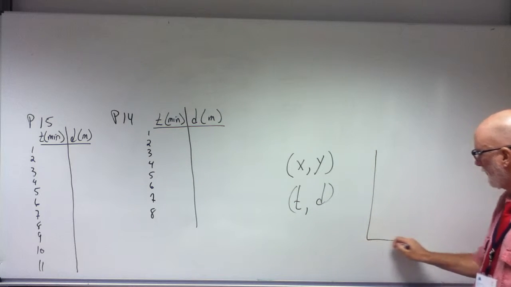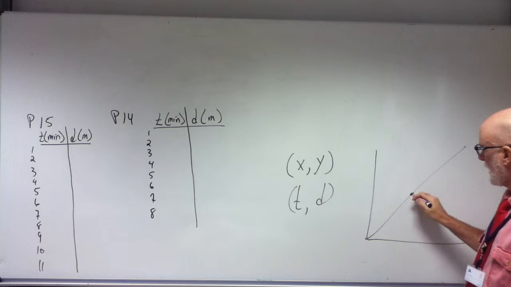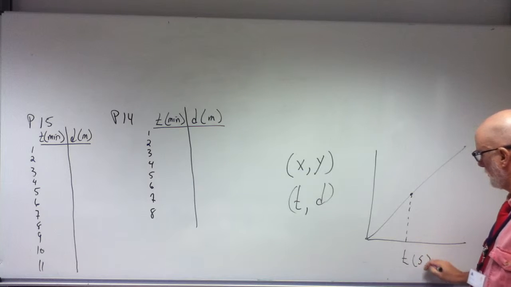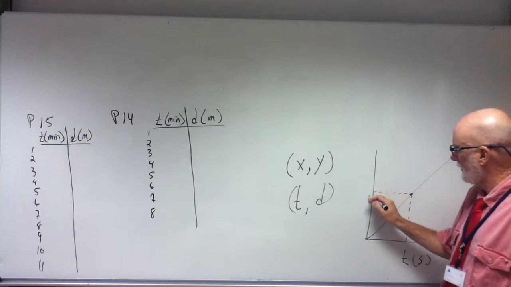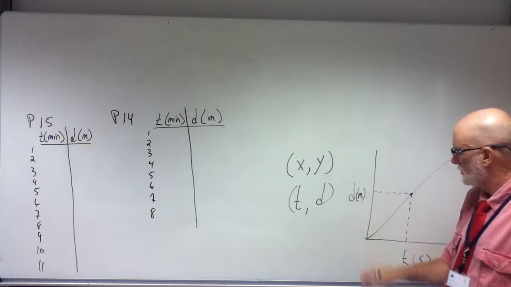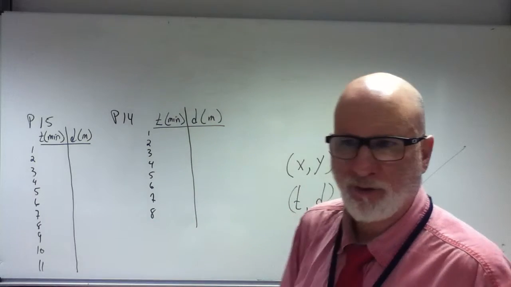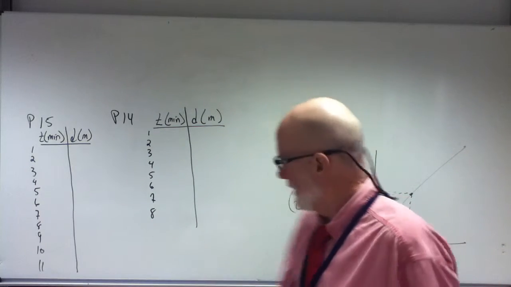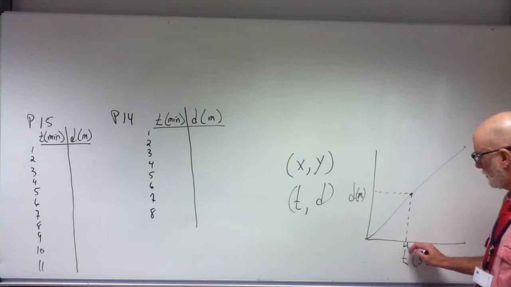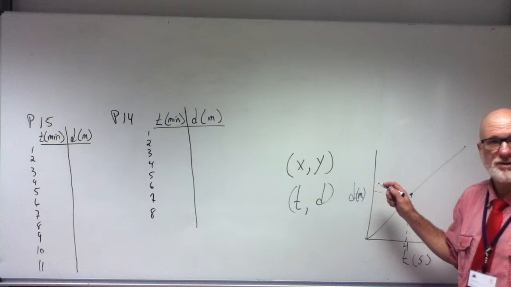Here I have a graph, and that's going to have a T value, and it's going to have a D value, just like on the graph, correct? And let's say, for instance, we're going to make a number up. Let's say that this is going to be 4, and let's say that this is, I don't know, pick a number, 400?